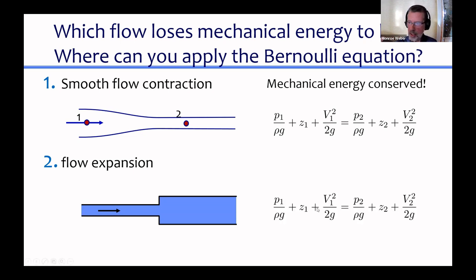In a flow expansion, there's some weird stuff that happens. After the flow exits that first part, it generates all kinds of turbulence because it has high velocity and it's trying to flow into a low velocity zone.